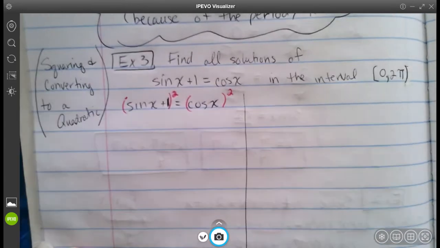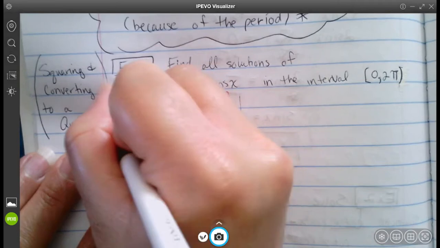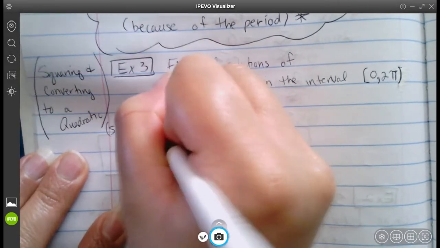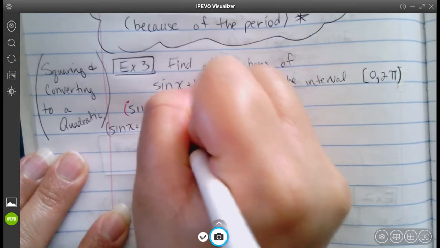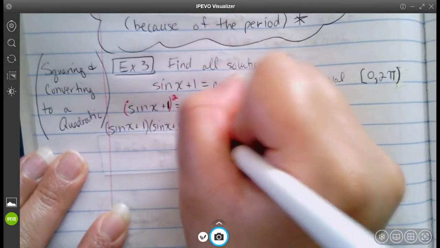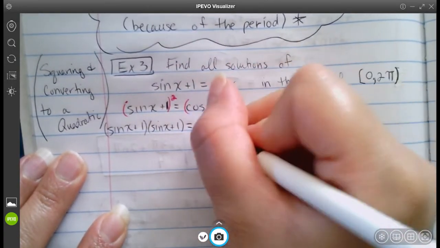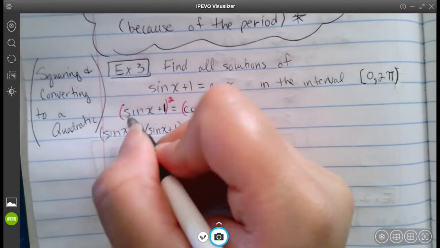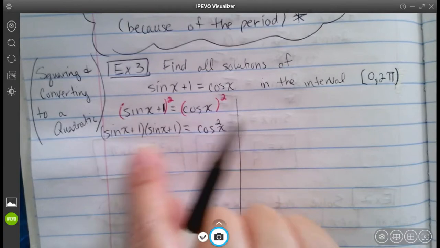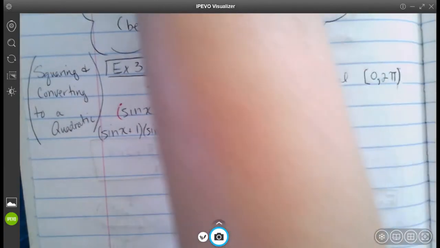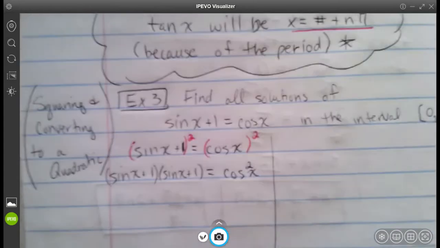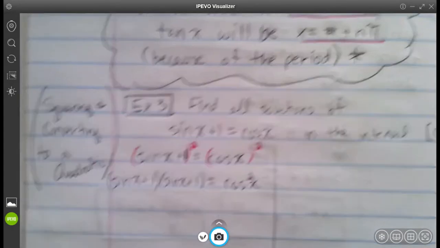Let's go ahead and do this. So we have on the left side sine of x plus 1 times sine of x plus 1 equals cosine of x squared. Okay, so I just expanded this into 2. We're going to FOIL this. We've already done this a few times in class, whether it's on a math lab or just different examples, but it's just FOIL, okay?